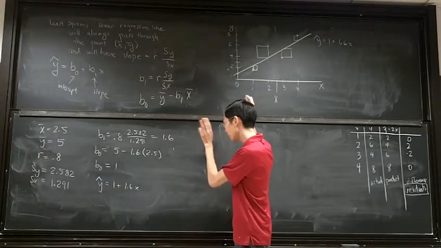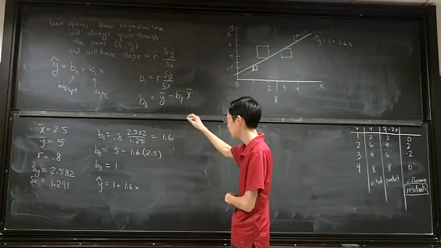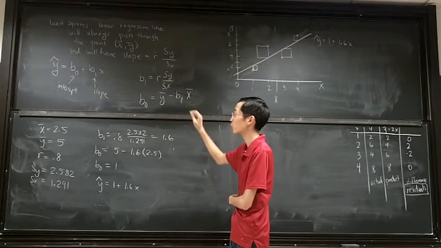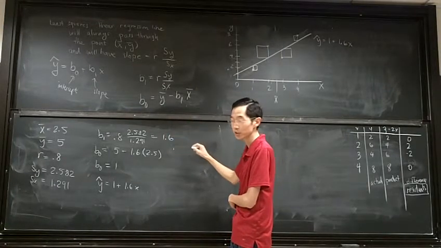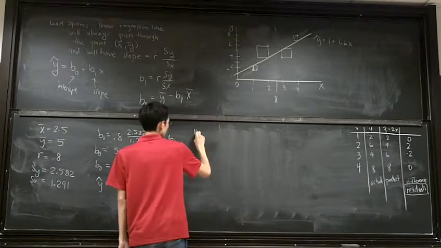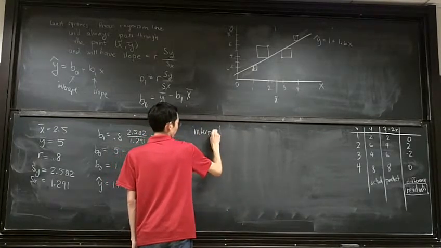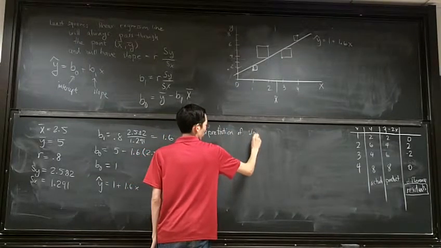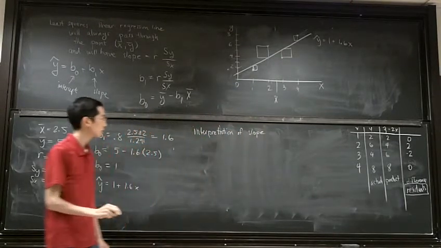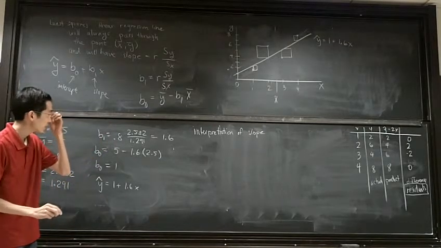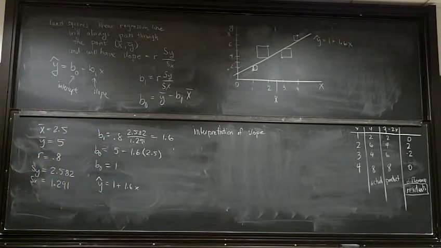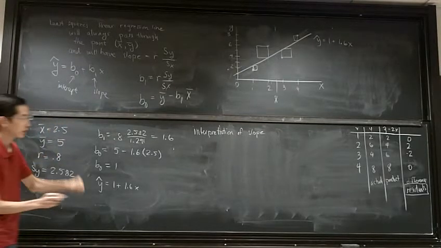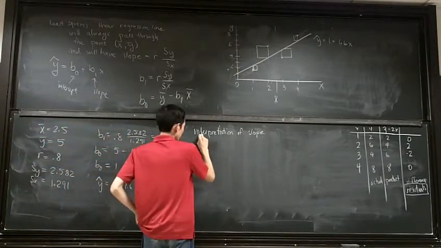Okay. And so the last thing I need to talk about is just the interpretation of the intercept and the interpretation of the slope. So the interpretation of the slope is how much you predict y to change when you change x by 1, or increase x by 1.